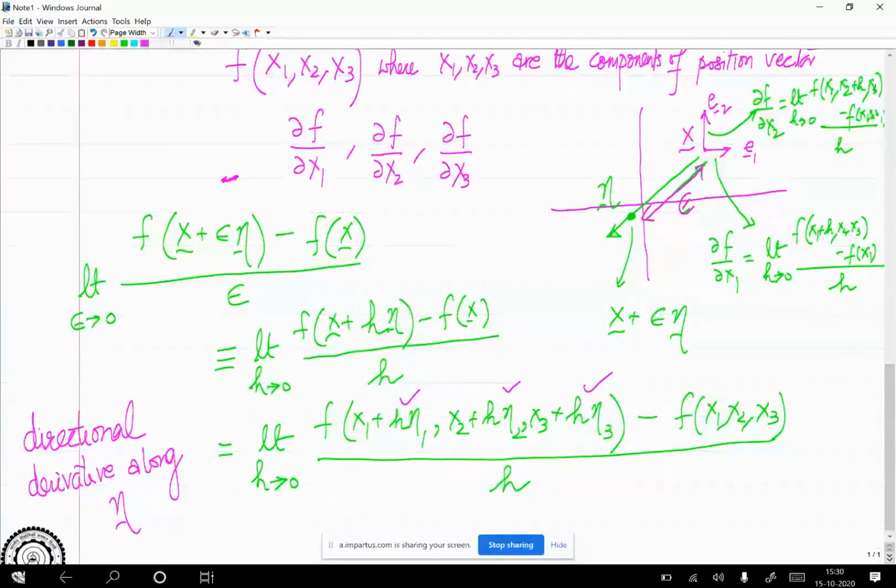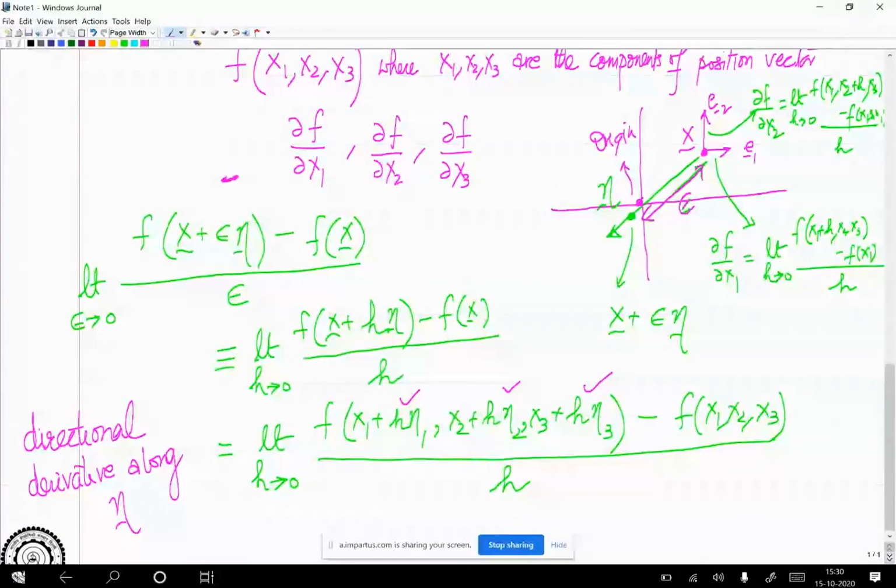Not from the origin, but from the point x, where we want to take the derivative. The origin is here. But I am taking it from the point x, because whenever you take the derivative, you have to move from the point at which you want to take the derivative.